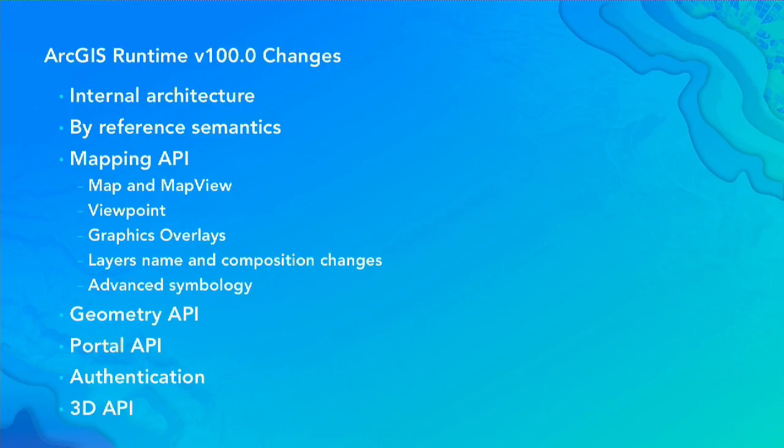You can use OAuth sometimes. You can use token-based authentication sometimes. Some servers require authentication, some servers don't. And so to try and simplify that, we created a new component called the Authentication Manager, which has a lot of built-in behavior. And if you're happy with the built-in behavior, there's really nothing for you to do. You can simply use the Authentication Manager. It has default user experience that pops up and takes care of things.